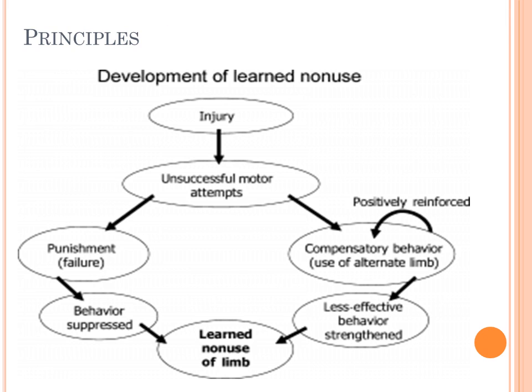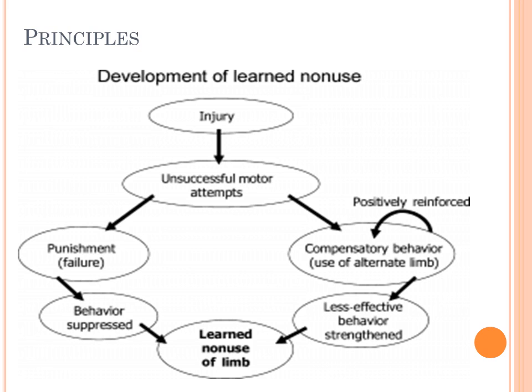To understand the principles of CIMT, we need to understand the development of learned non-use. So learned non-use results when a child attempts to use the involved limb unsuccessfully while showing increased reliance on the stronger or the uninvolved limb in all the activities.